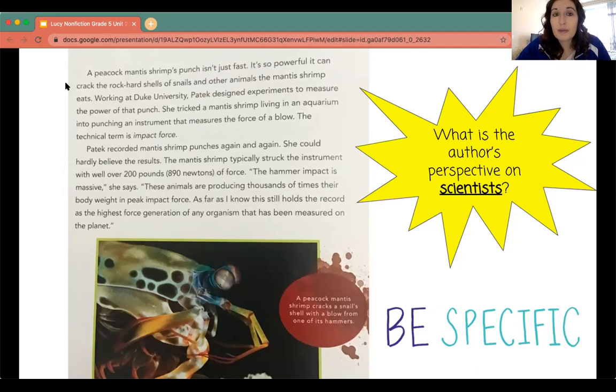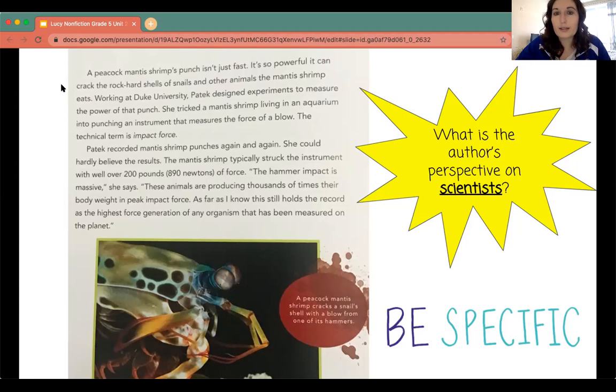Paddock recorded mantis shrimp punches again and again. She could hardly believe the results. The mantis shrimp typically struck the instrument with well over 200 pounds of force. The hammer impact is massive, she says. These animals are producing thousands of times their body weight in peak impact force. As far as I know, this still holds the record as the highest force generation of any organism that has been measured on the planet.